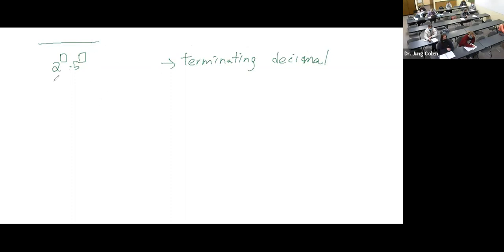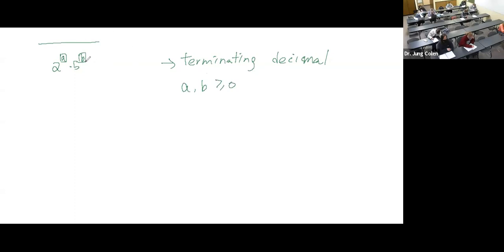Yes. So if you see any fraction with 2 to some power times 5 to some power, the powers can be 0. Let's call them A and B, where A and B are both greater than or equal to 0, right?